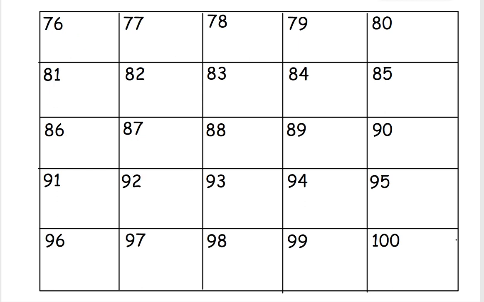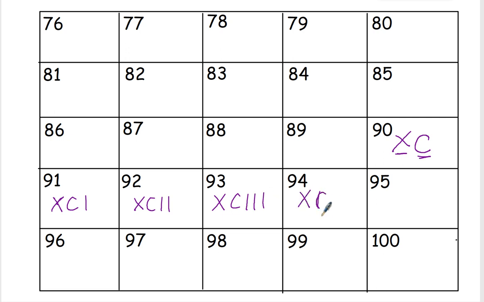Okay, so starting at 90, remember, 40 we wrote an X and an L because 40 is 10 less than 50. So 90 is 10 less than 100, and 100 is shown with a C. So 90 looks like XC because it's 10 less than 100. 91 would be XCI, then XCII, XCIII, then XCIV.